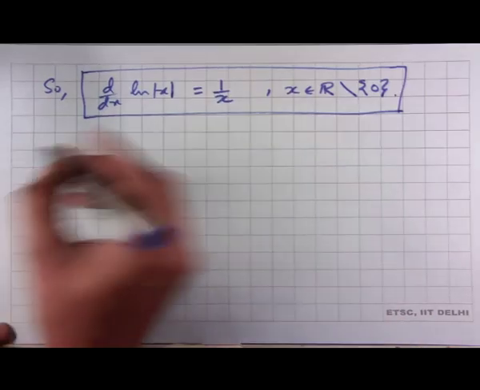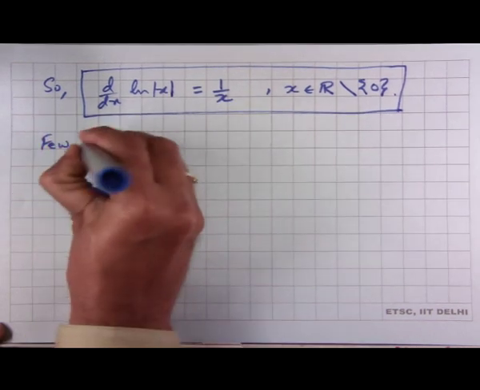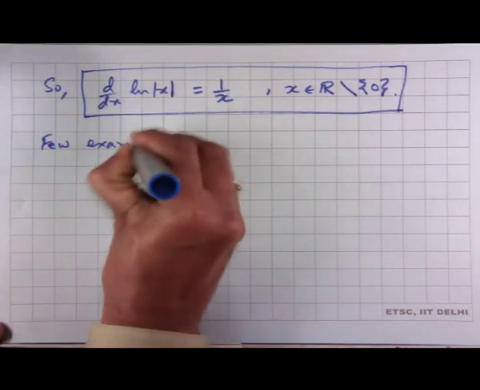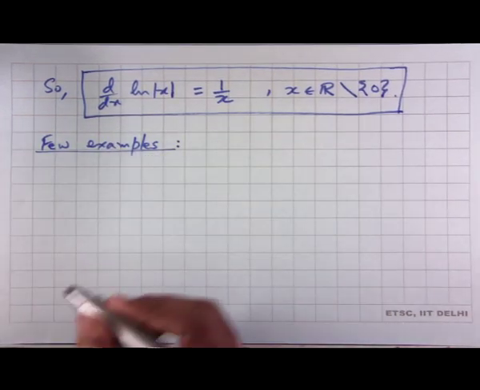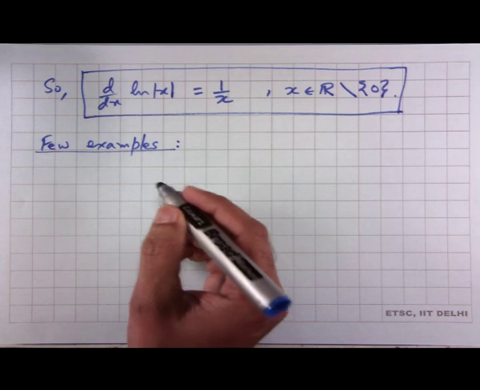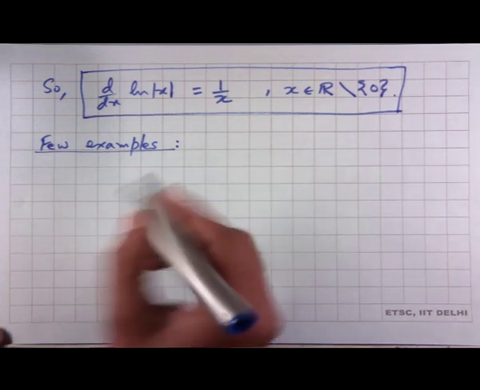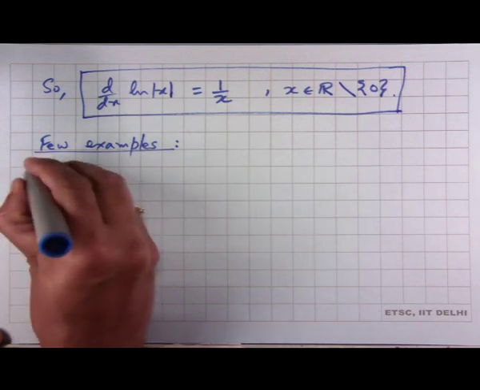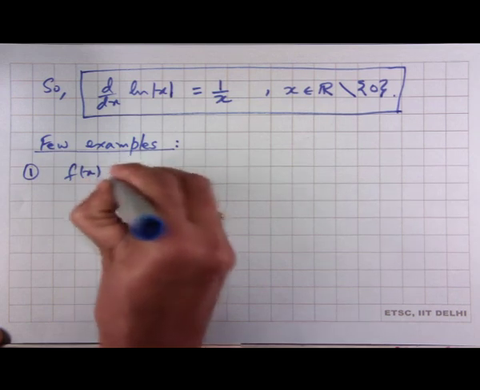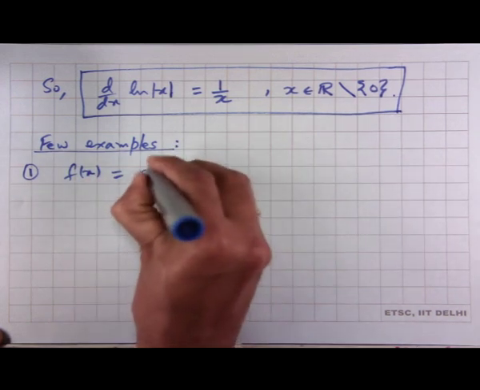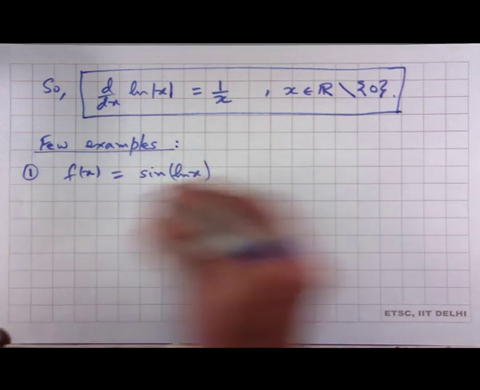Okay, now let us look at a few examples. So, now we know the derivative of log x also. So, we can look at some examples involving log. Suppose f of x is equal to sine of ln x, then what is f dash x?